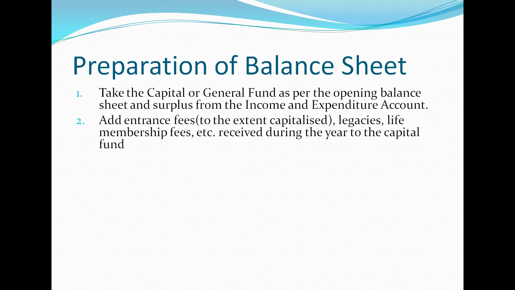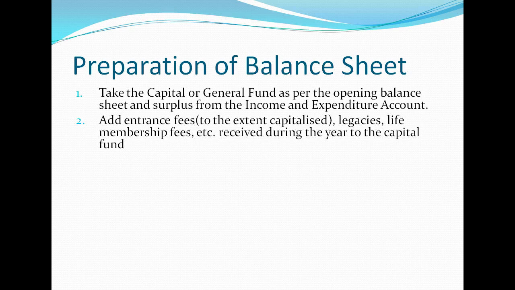Now let us discuss the preparation of the balance sheet. Take the capital or general fund as per the opening balance sheet and surplus from the income and expenditure account. Add entrance fees to the above two items to the extent capitalized.